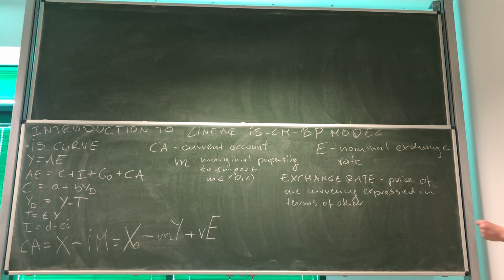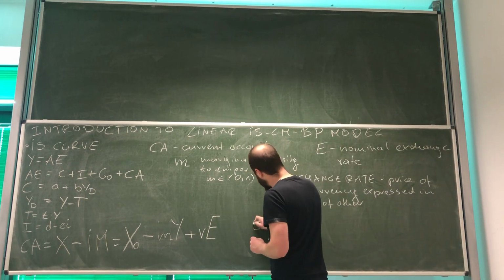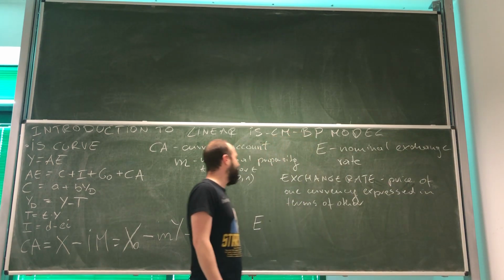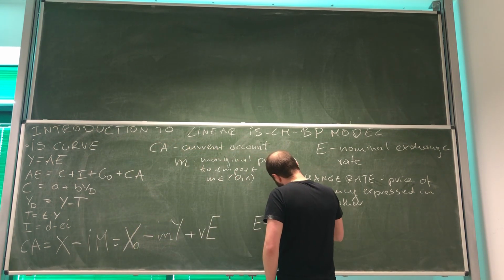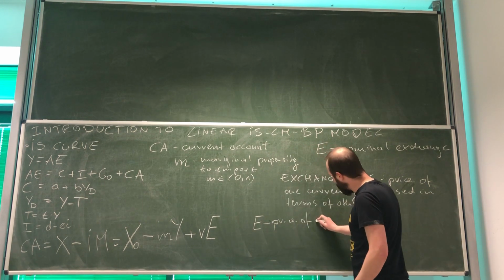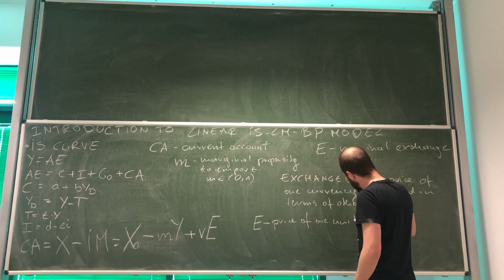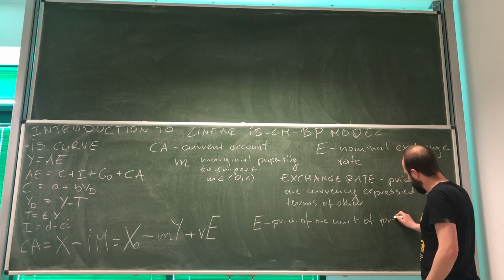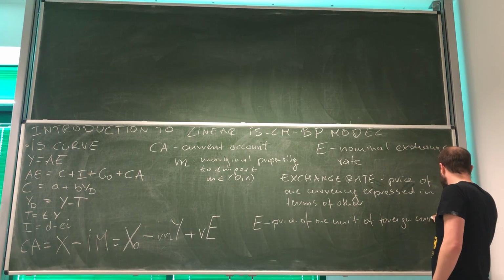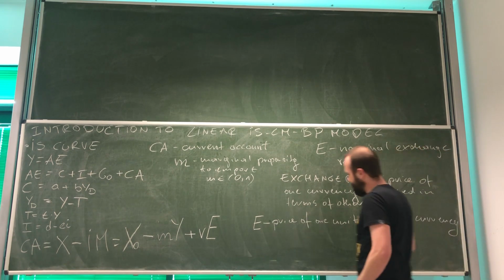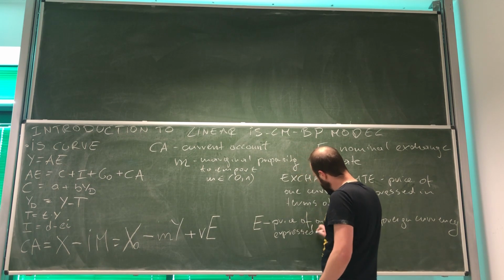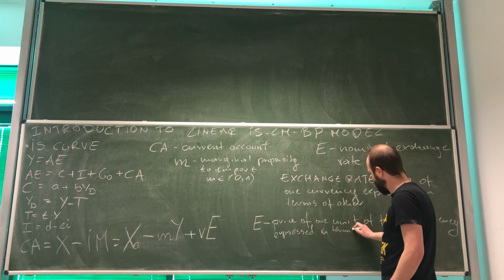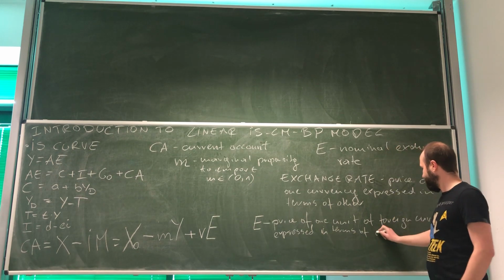However, when we model it, we need to take some sign. And in our case, we will define E as the price of 1 unit of foreign currency expressed in terms of domestic currency.